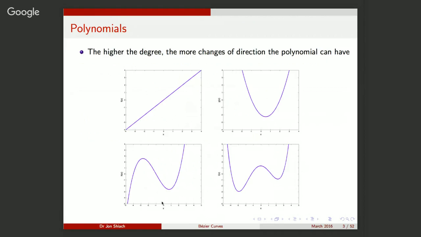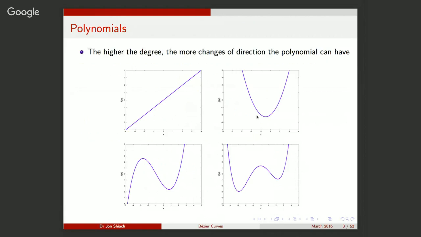So if we have a look at this linear polynomial on the top left, the highest power of x is 1, so we simply have a straight line. In the top right, we have an example of a quadratic. That's either a cup or a cap shape, so that has one change of direction, in other words, one local maxima or minima.